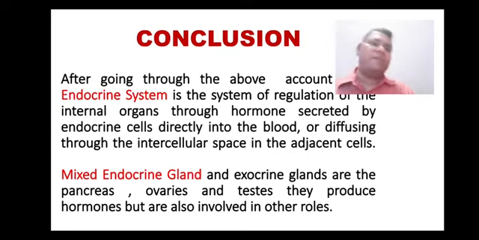Mixed endocrine and exocrine glands are the pancreas, ovaries, and testes, and they produce the hormones, but are also involved in other significant roles in human body.